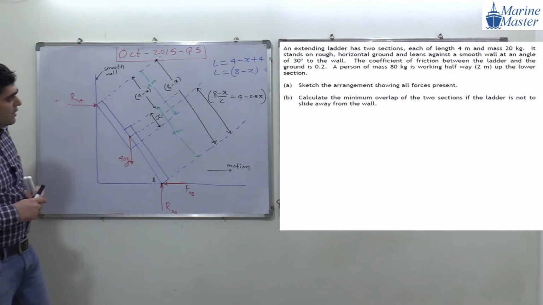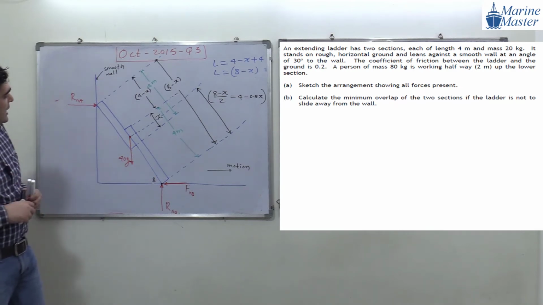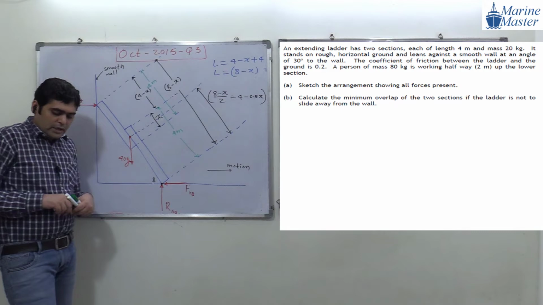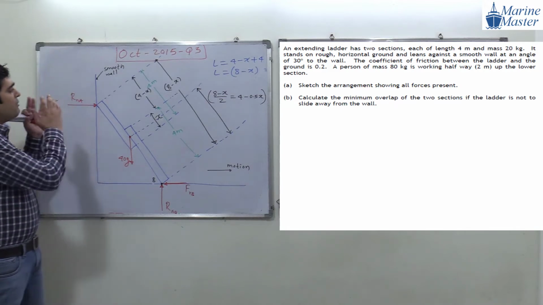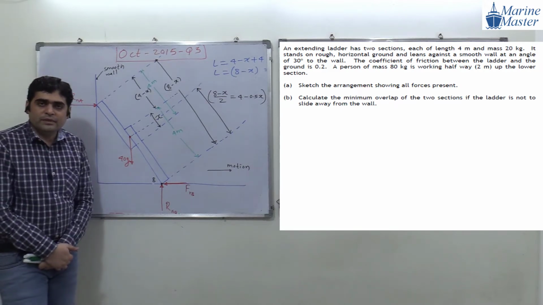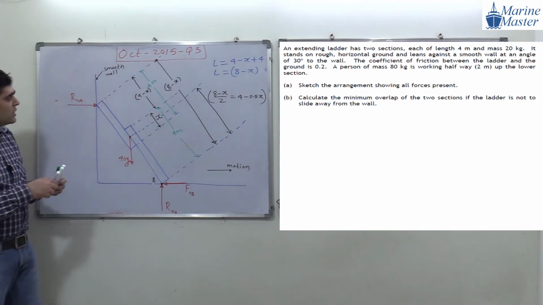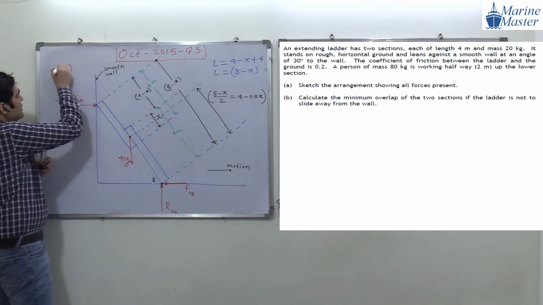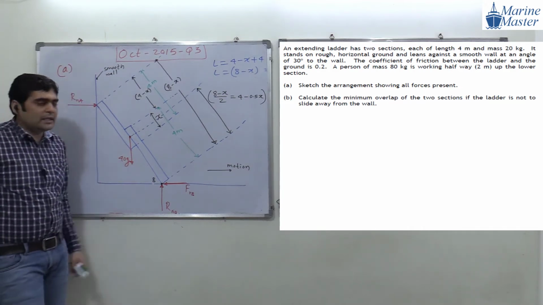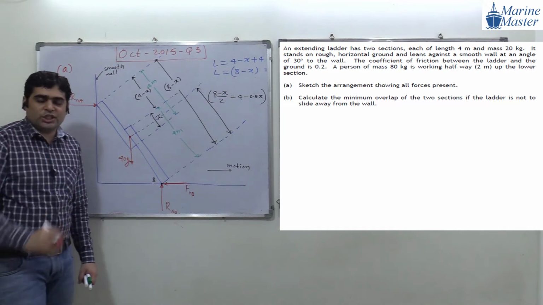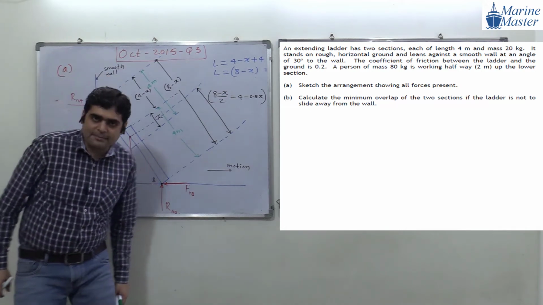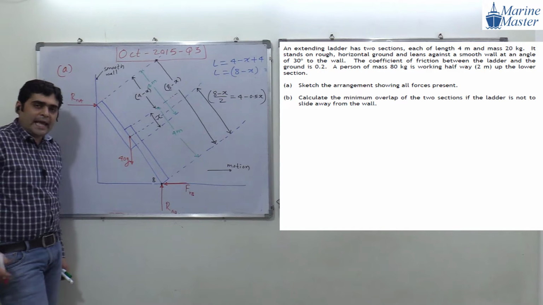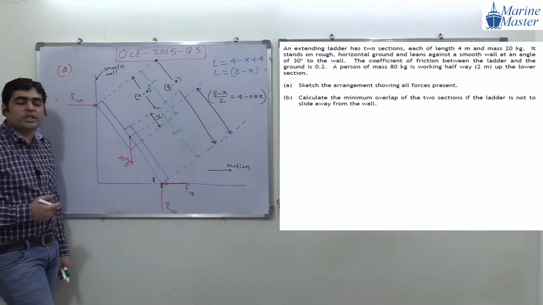Okay, very good. Now, is anything remaining which is mentioned in the question but I have not mentioned in the drawing? This is our A part answer. Please read the question carefully once again and let me know if there is any angle or force I have not shown in this drawing.